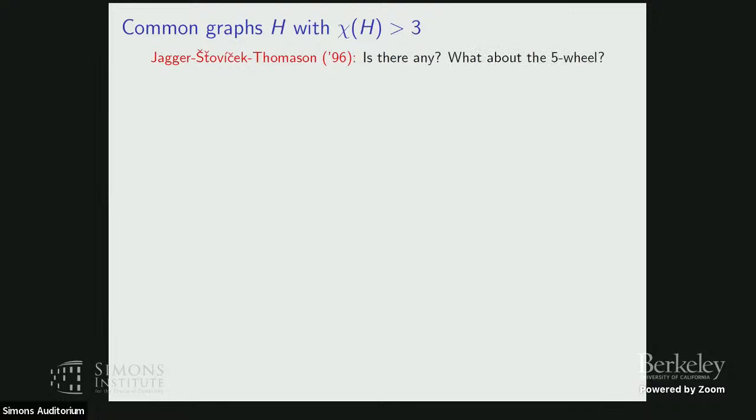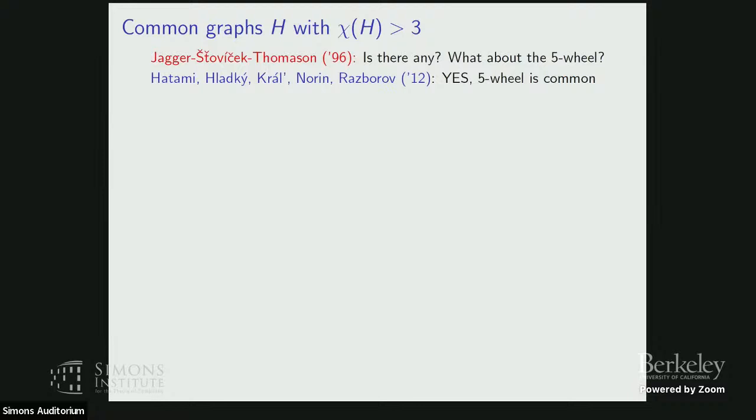The usual suspect, the smallest graph H with chromatic number higher than 3 that does not contain K4, would be the 5-wheel. I already spoiled on my first slide on common graphs that the 5-wheel is known to be common.